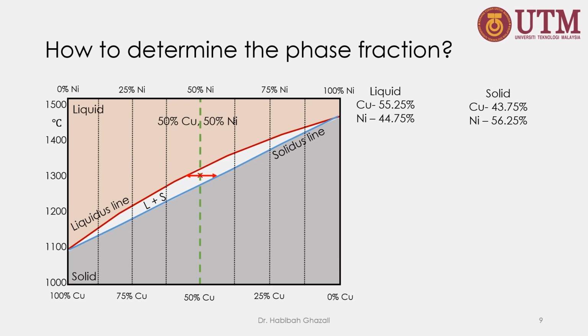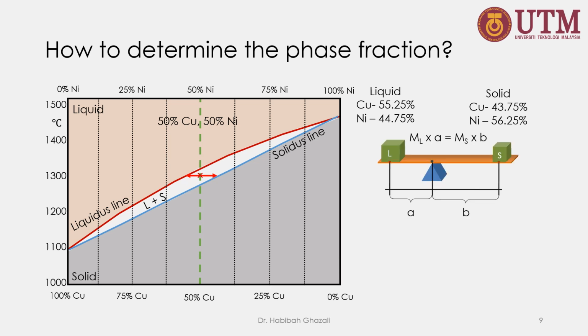If you remember in physics, the principle of the lever: an experiment has shown that two unequal forces, when acting in opposite directions, will bring about an equilibrium when the product of the magnitude of one force and its lever arm is equal to the product of the magnitude of the other force and its lever arm.